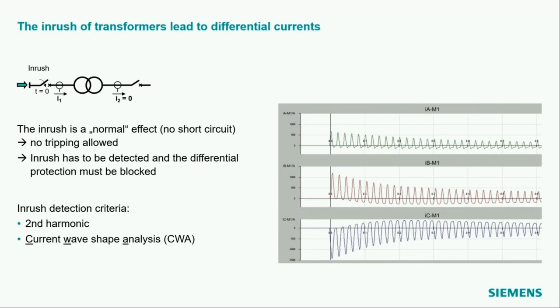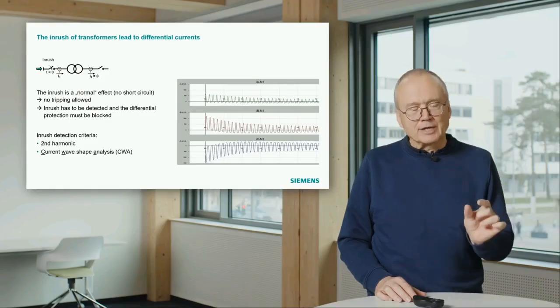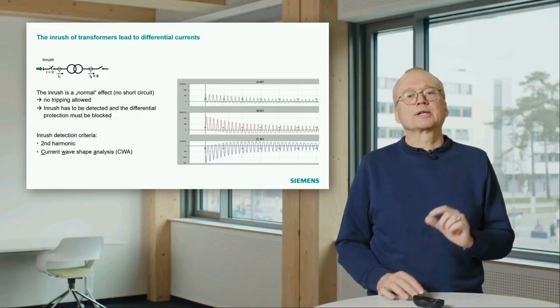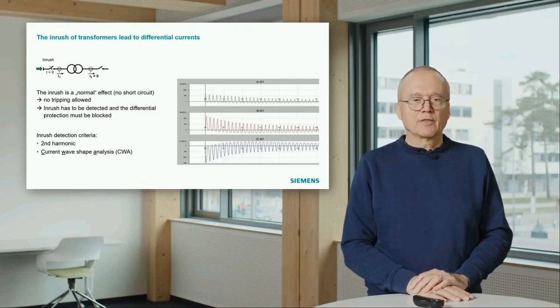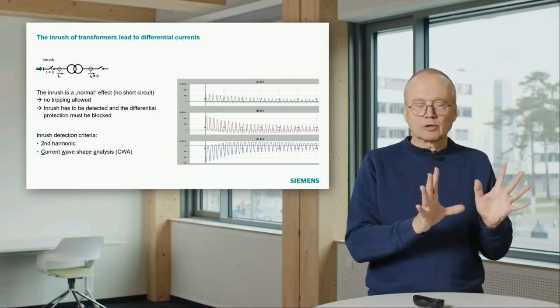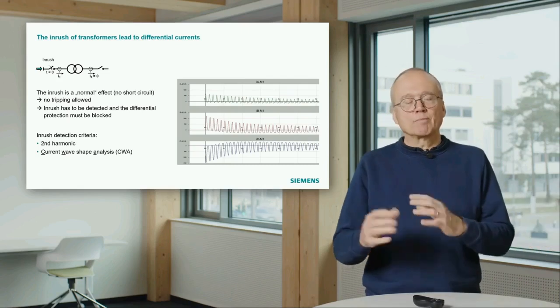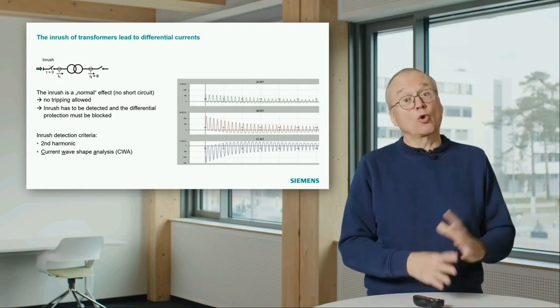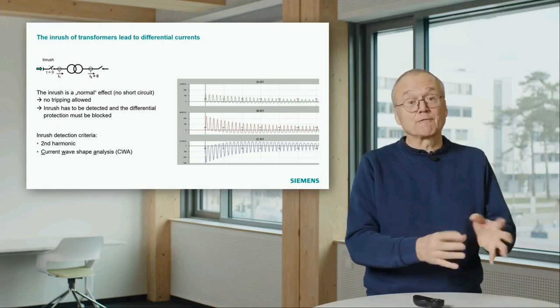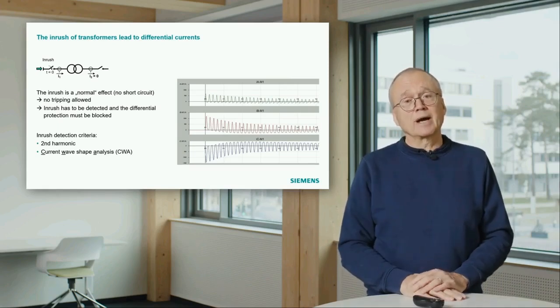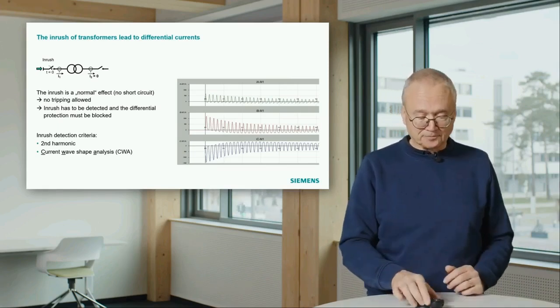There is a high content of second harmonic in these currents, and that is a good criterion. That means we do a permanent Fourier analysis, and if we suddenly see differential current with a high content of second harmonic, then we say, okay, it looks like an inrush. We block the protection or part of the protection, the sensitive part of protection, for a while until it disappears.